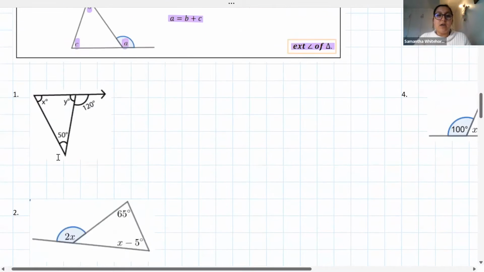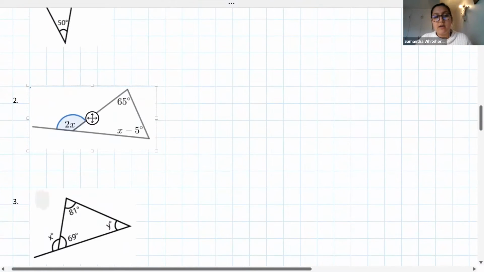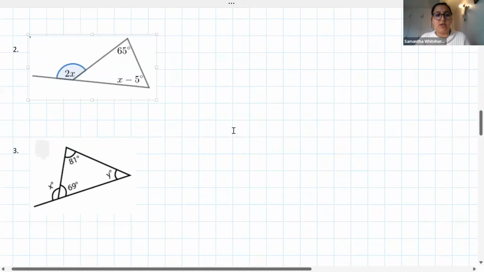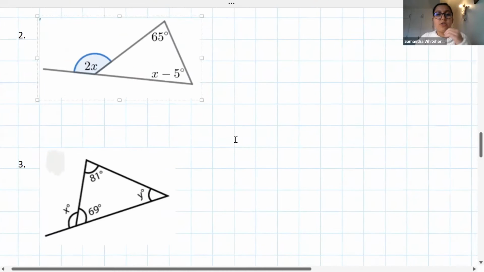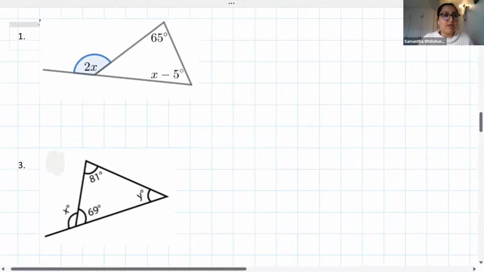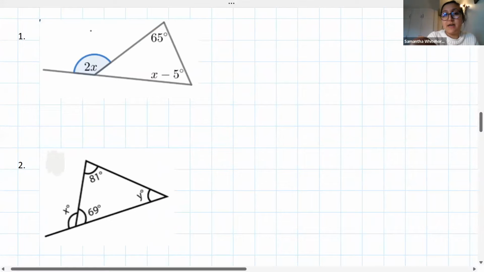To start us off, I feel like we've done this question, so I want you to try these 2 questions over here. We did the first one, so I'm ignoring it and I'm just going to renumber this: question 1, question 2. You're going to try them by yourselves because it's using the reasons that we have done, so it's nothing new.